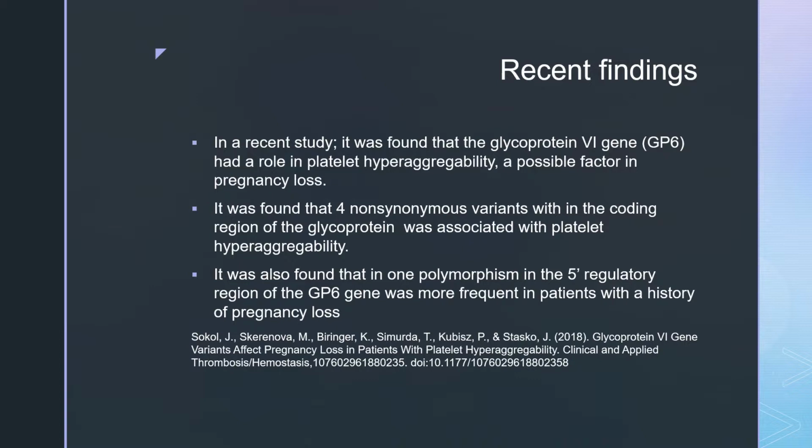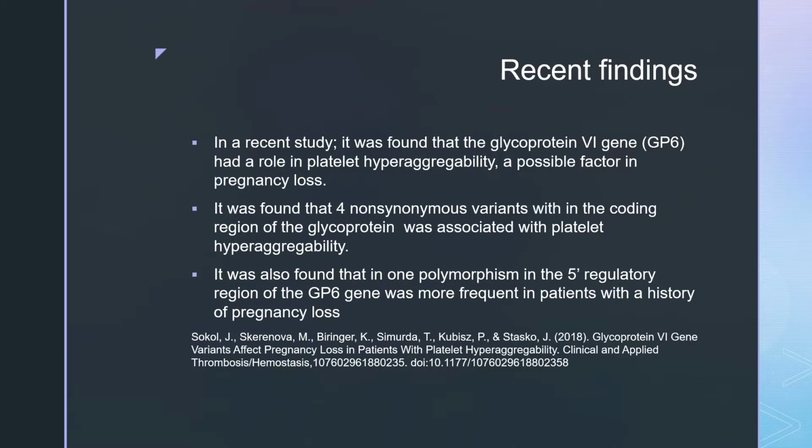Recent findings. In a recent study, it was found that the glycoprotein 6 gene had a role in platelet hyperaggregability, a possible factor in pregnancy loss.